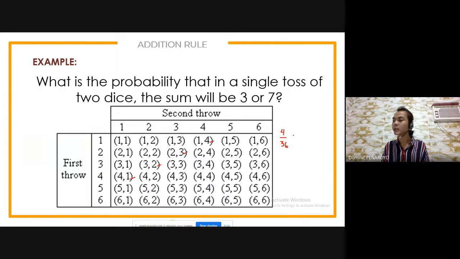Okay? And then, a probability that it is greater than 4. Okay? Greater than 4. Ano daw yung probability that it's greater than 4? Okay?